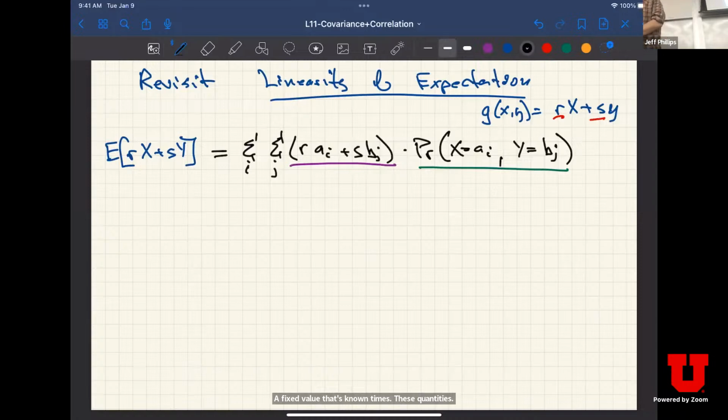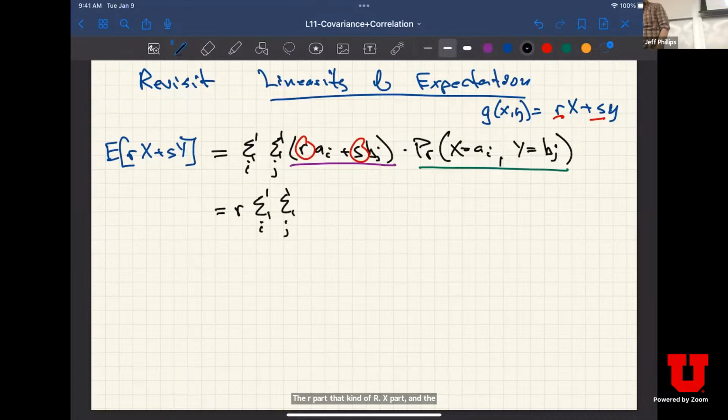Okay, so I can do things like pull out this coefficient and this coefficient and so forth. Let me do a first step here. I'm going to move this R in front, and I'm only going to sum over the terms of A. I'm going to decompose this into two terms based on the RX part and the SY part, right?